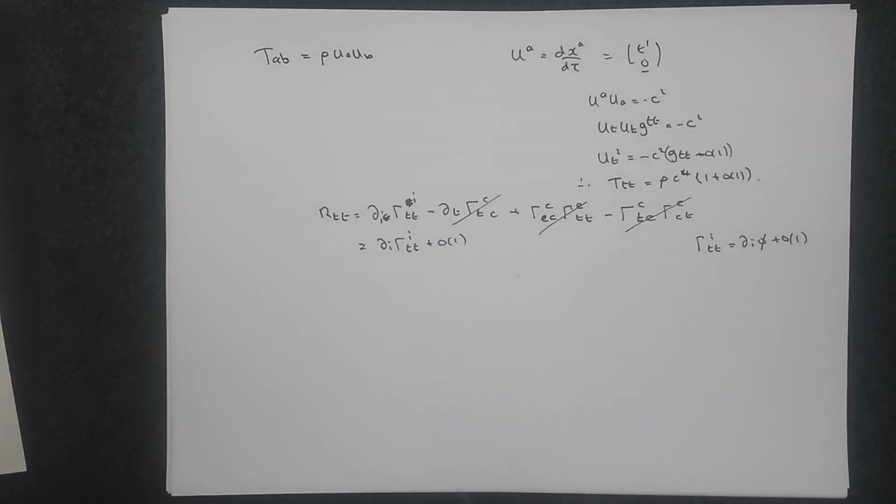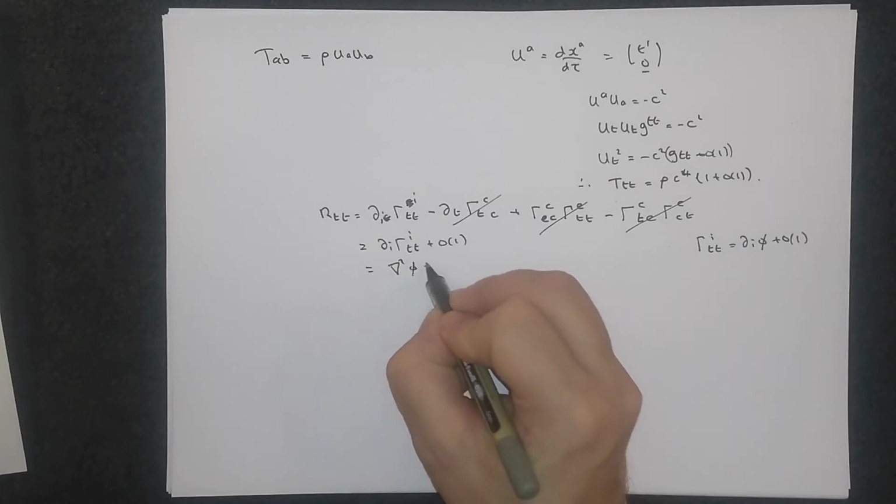Now, that's going to be equal to del squared phi plus little o(1).